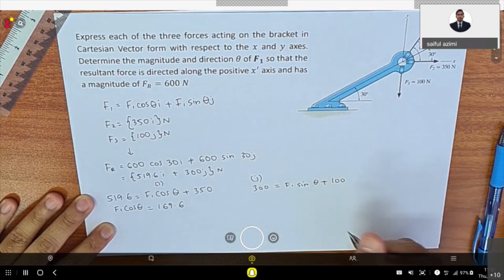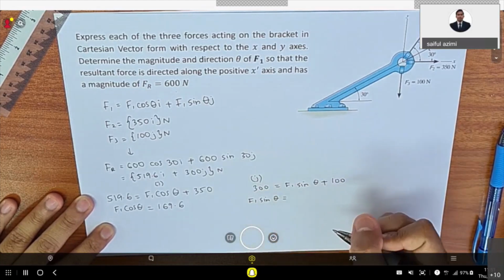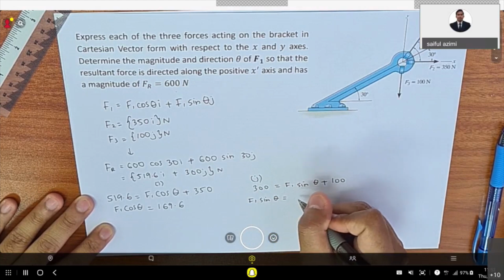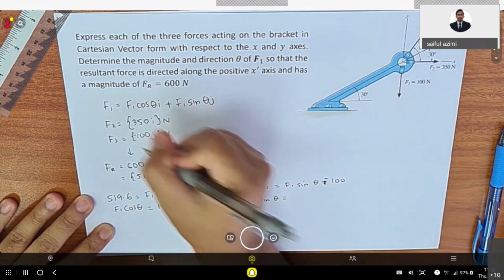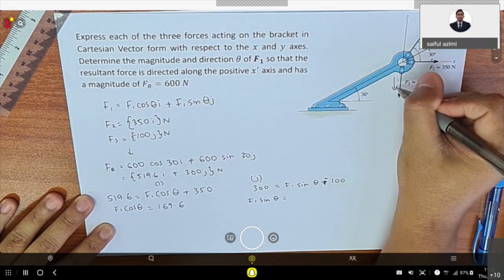So you can get F1 sine theta equals to 400. Oh, sorry, this is negative 100, because it moved towards the negative part.